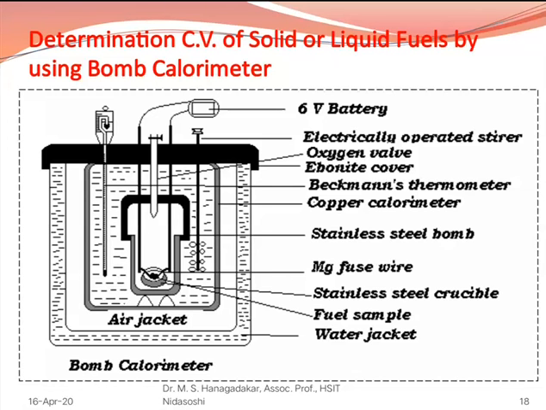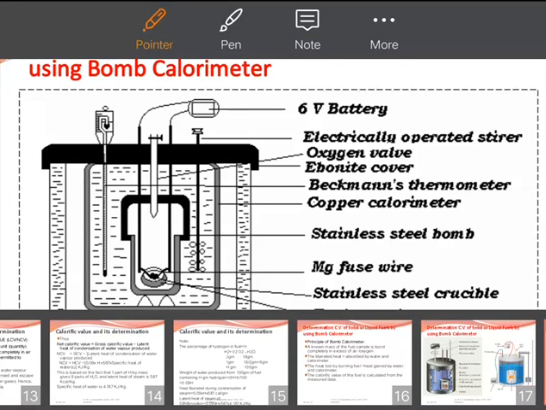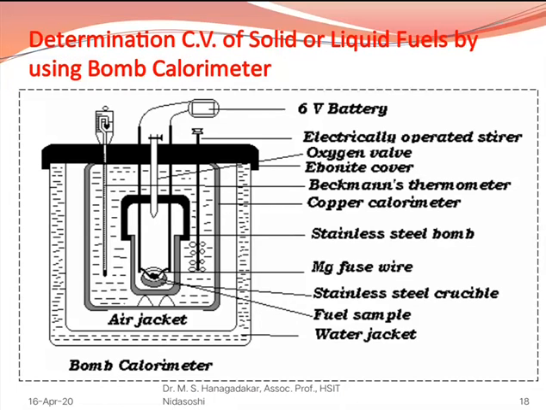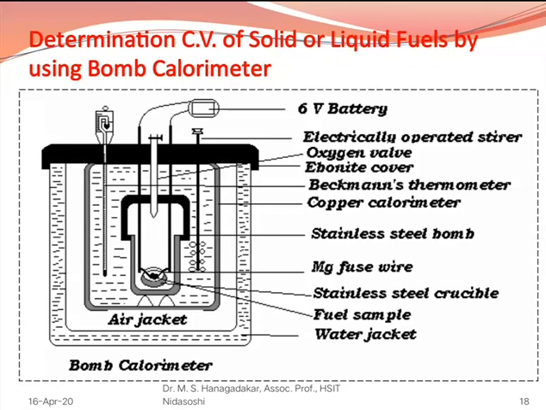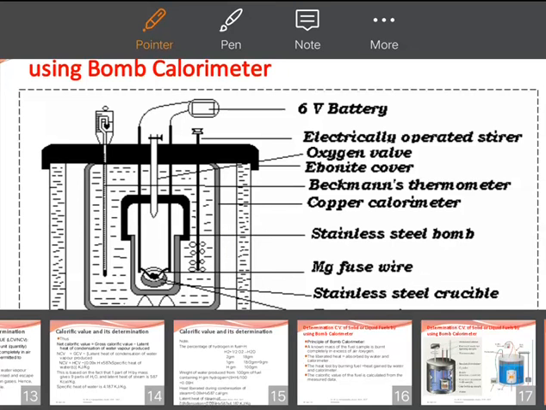It has a very strong cylindrical vessel made of stainless steel, named the bomb, which is closed with the lid and tied with screws. Within this bomb apparatus, the fuel sample is burnt.